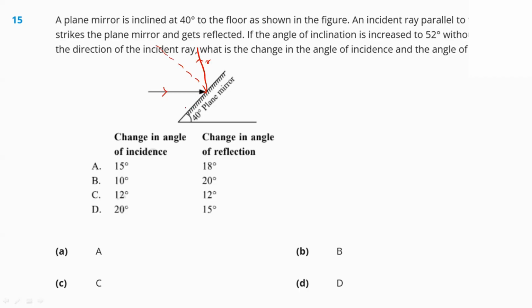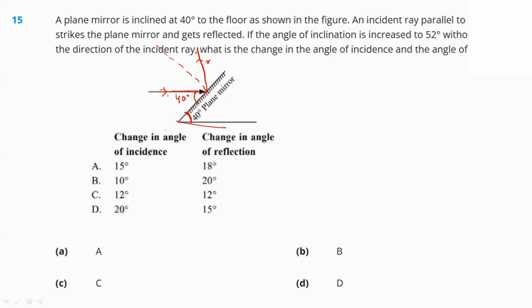So if these are two parallel lines, and this is the point of intersection, and this is 40 degrees, this is also going to be 40 degrees, because alternate angles are equal.